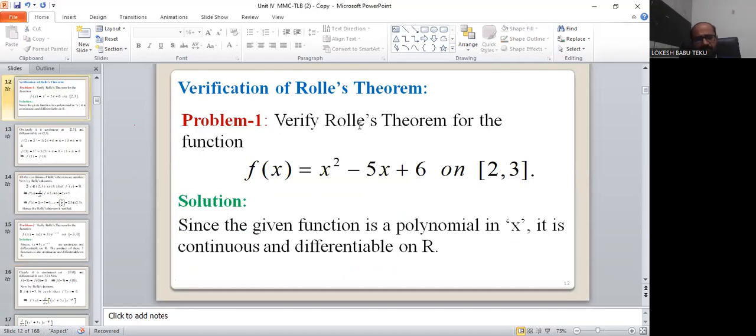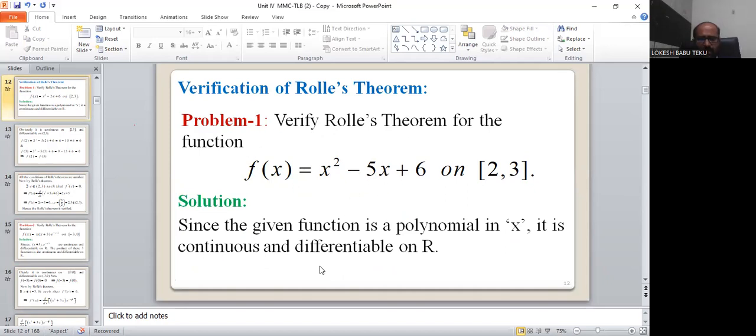Verify Rolle's theorem for the function f of x equal to x square minus 5x plus 6 on [a, b] is [2, 3]. To verify Rolle's theorem for this function, if you observe, this is a polynomial function in x.